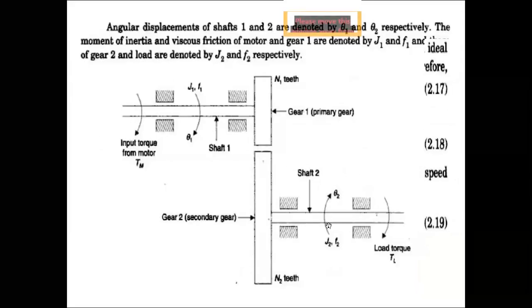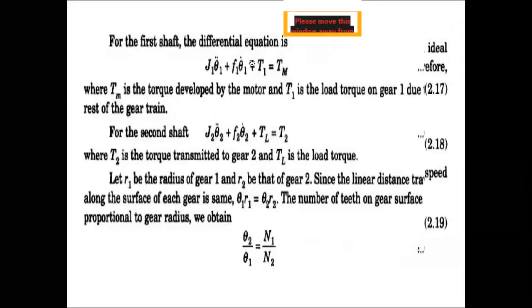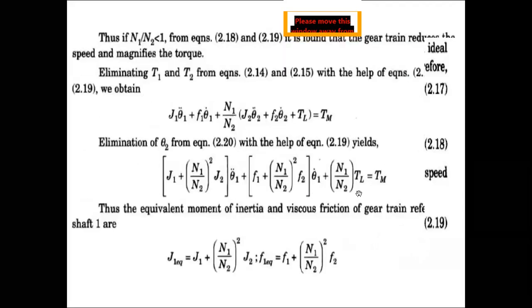What is the transfer load from secondary to primary? What do we have here? T1. What is the expression for T1? How have we written T1 in terms of T2? So we got this term.